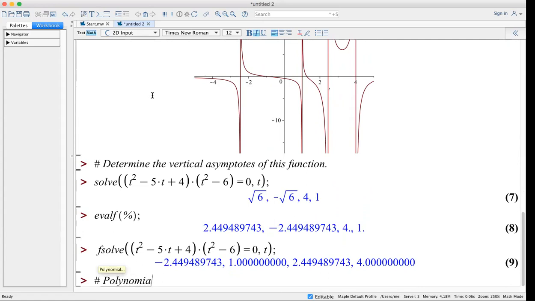We have 2 commands for dealing with polynomials. One is factor, and the other is expand.